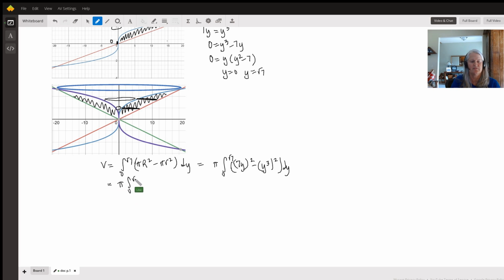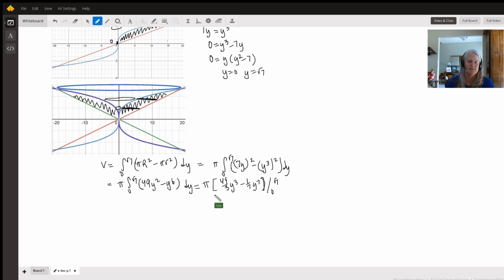If we simplify it first, using the antiderivative, that would be 49 thirds y cubed minus 1/7 y to the 7th, evaluated from 0 to the square root of 7.